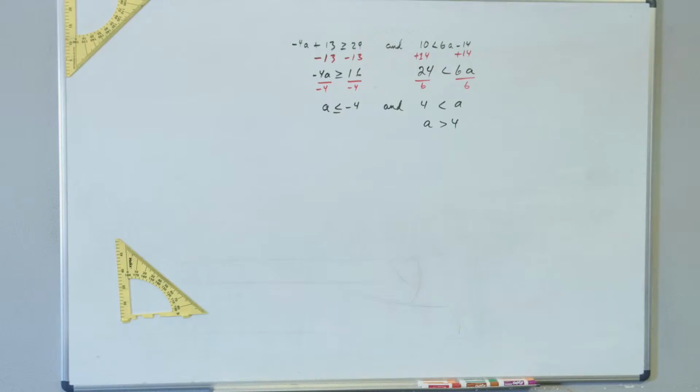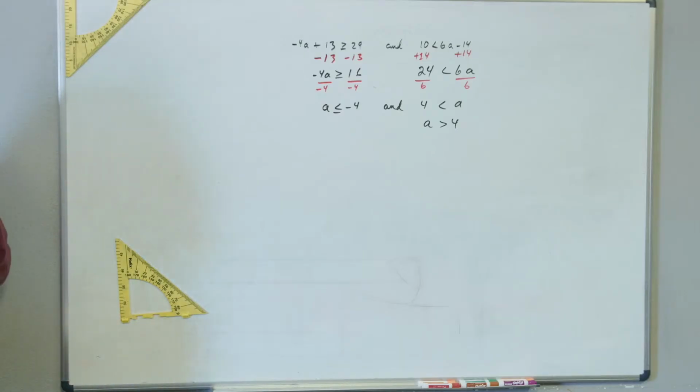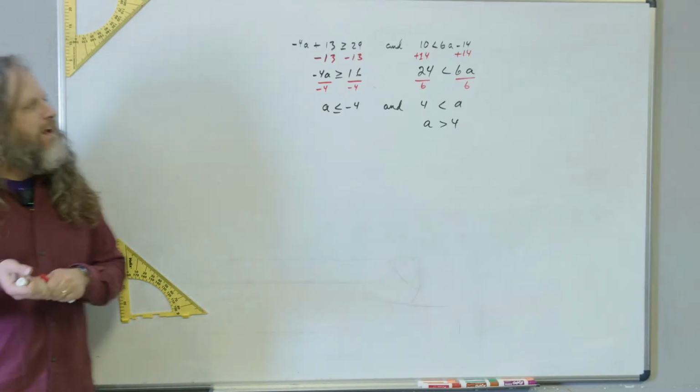Think about it. A is less than or equal to negative 4, and A is greater than 4. Use your brains and think about it. That doesn't make sense. When is that possible? Always? Never. A is never both less than negative 4 and greater than 4. Never.